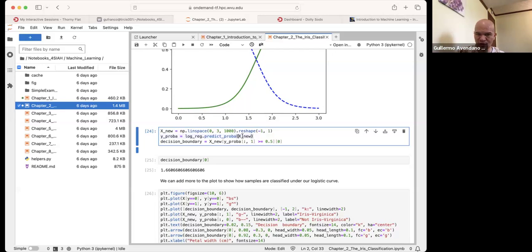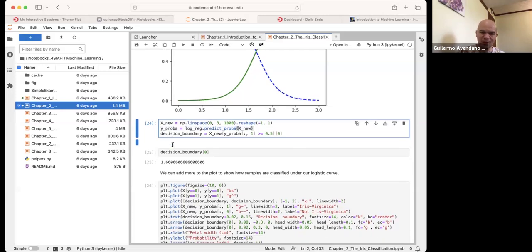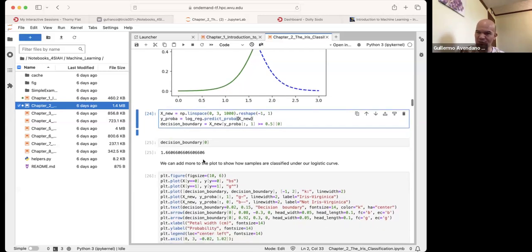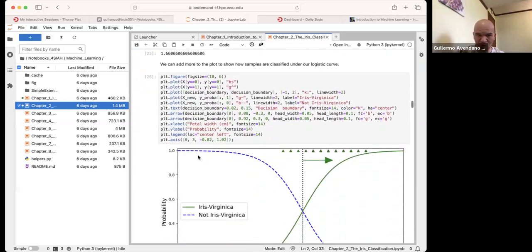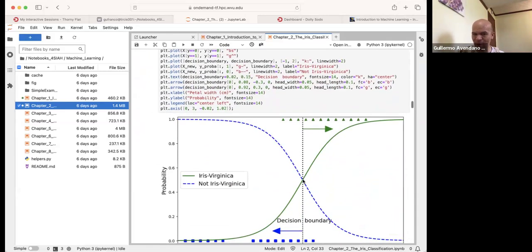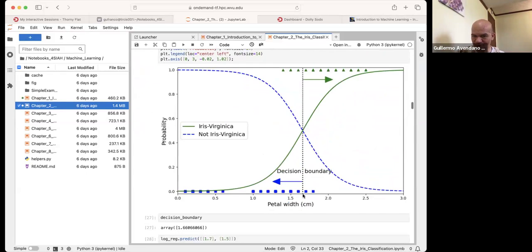We just introduce here the values X, and it will produce a decision boundary. When we ask for the decision boundary of this, which is just one dimension, it's just 1 point. The decision boundary is 1.6, 1.66 something. So it's exactly what we got here. It's 1.6. So this element here exactly.